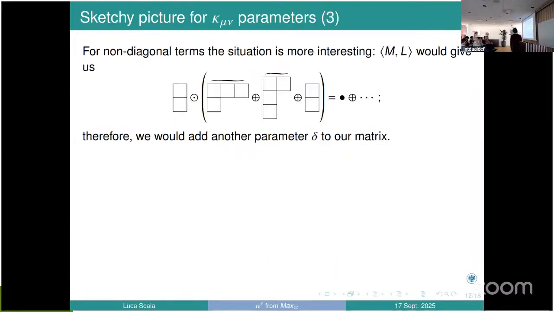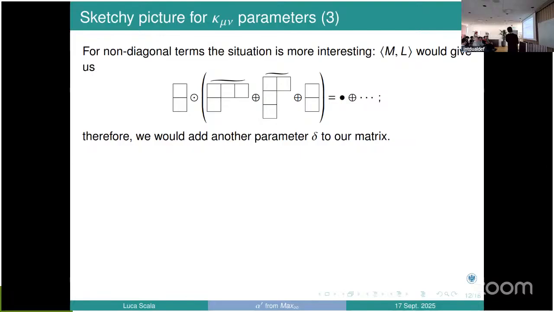Let's go further. For non-diagonal terms, the situation becomes more interesting. Why? Let's consider the pairing of M and L. Now, M is just this two-index antisymmetric, while L has this structure. From this symmetric product, of course, you just get one contribution, one dot from this thing times this thing.